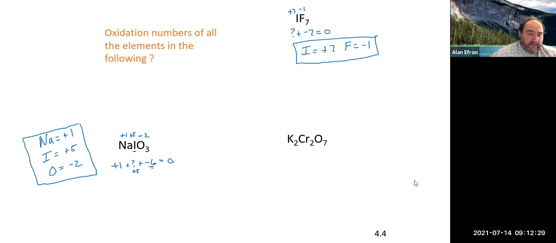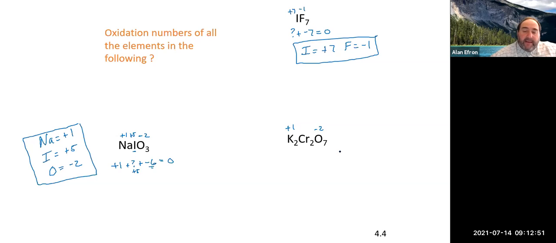All right, so rolling up over here to our potassium dichromate. Starting with our oxygen on the right, it is going to be -2. Leaving the one in the middle for the end, going to the opposite side, that is potassium, which is group 1, which means it will have a +1 oxidation state.